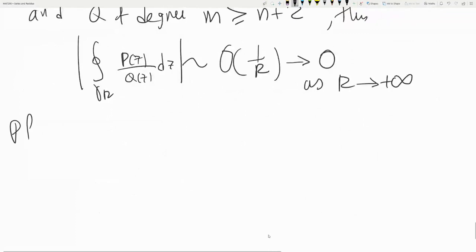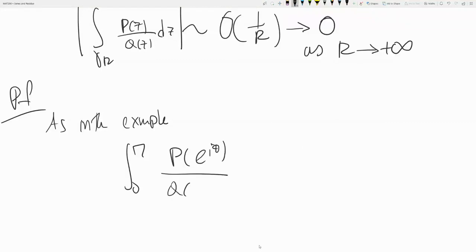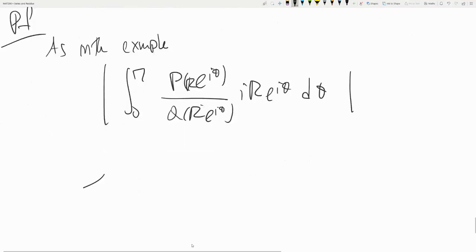And let me do a quick proof. As in the example, we do polar coordinates. So if you do polar coordinates, P(Re^{iθ}), Q(Re^{iθ}) with R. Okay, do your triangle inequality and expand.